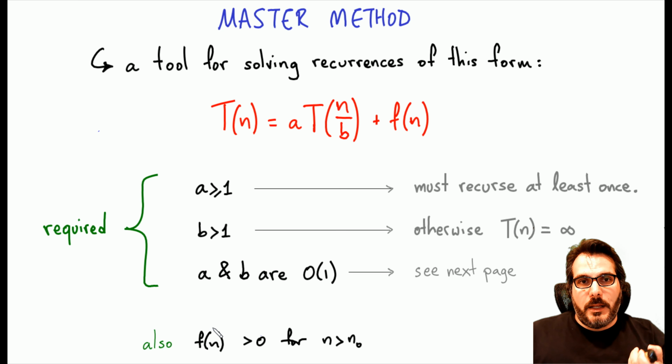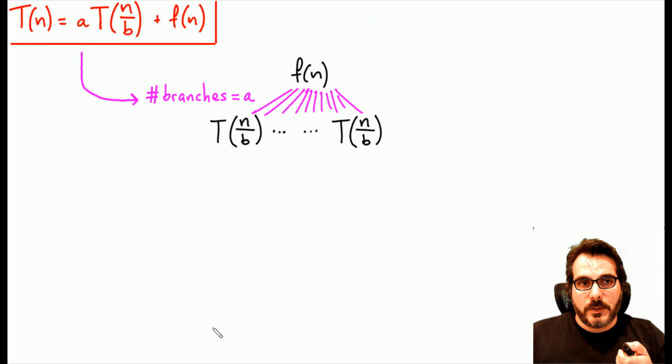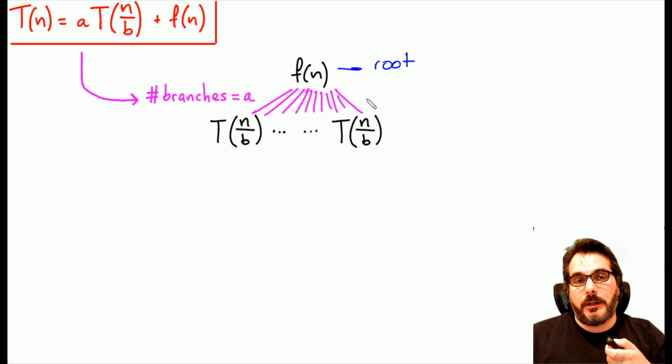Let's analyze this a little bit more, as we did with merge sort. The cost of the function at the root comes here, and the a over here is represented by the number of branches: the first branch, second branch, third branch, up to the a-th branch. In each branch, we have n over b.